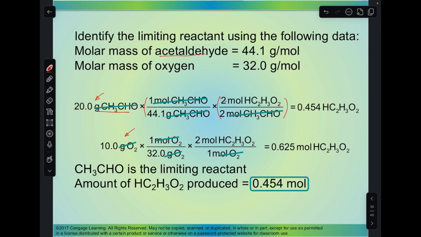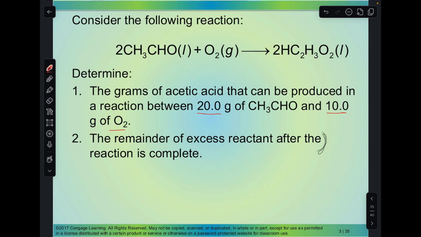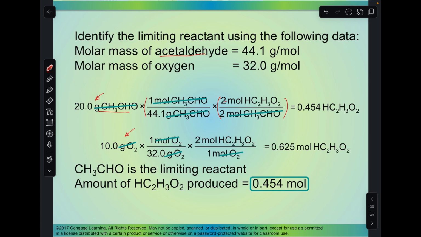And then we use the reaction ratio. We'll go back and we'll see that for every two acetaldehyde that you have, you get two acetic acids at the other end. You'll use the mole ratio, and you'll go from 2 to 2.